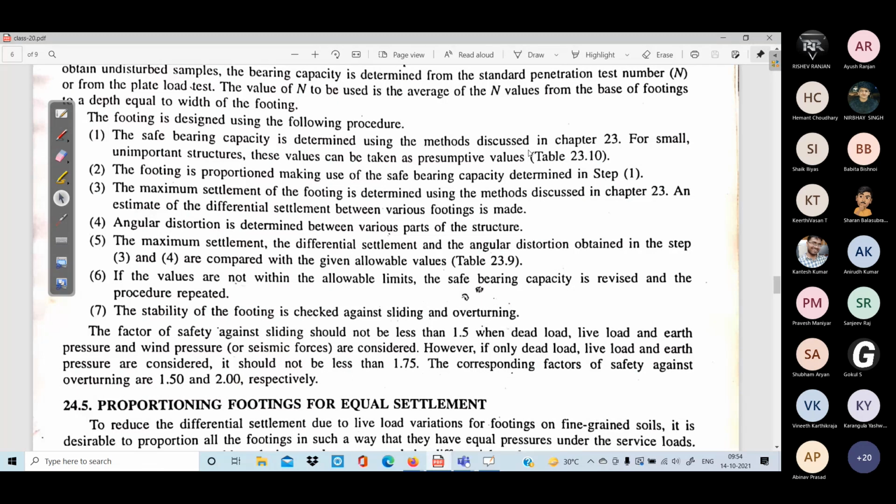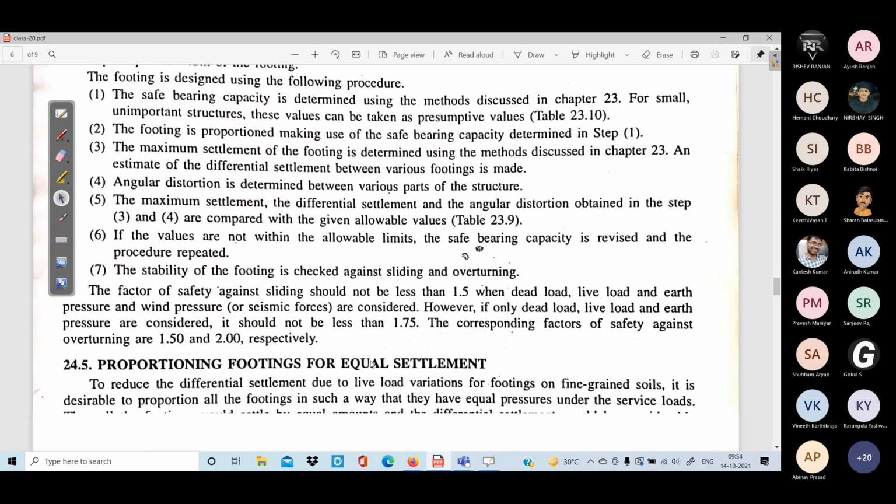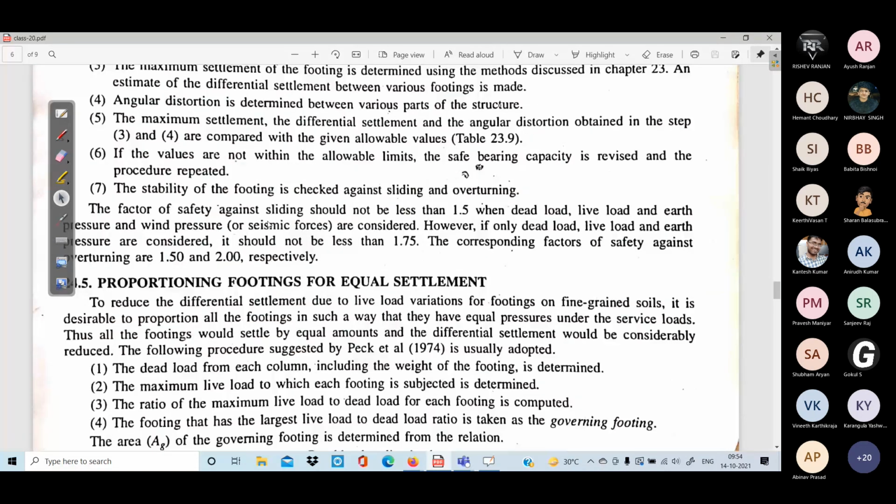Step 3, compare with the allowable one. Okay, again the table is given. If the values are not within the allowable limit, the safe bearing capacity is revised and the process is repeated. The stability of the footing is checked against sliding and overturning also. The factor of safety should not be less than 1.5 when the dead load, live load, earth pressure and wind load pressure are considered.